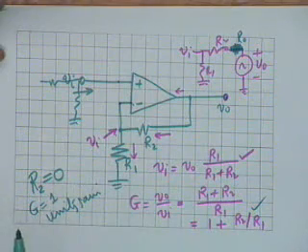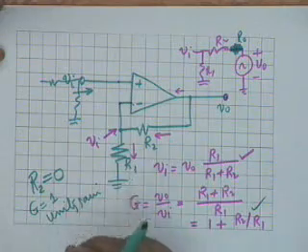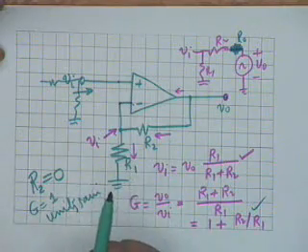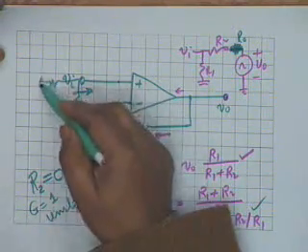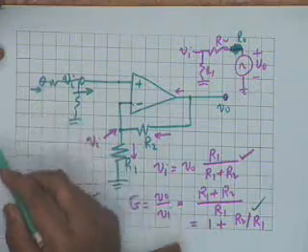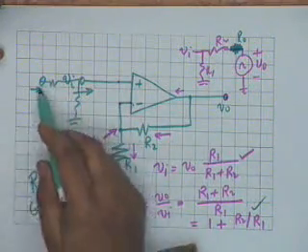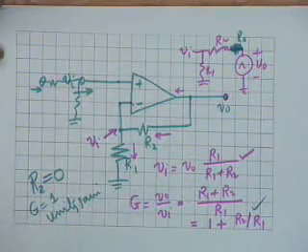I can reduce the gain to half, but in the process I also lose something. What is it that I lose? No, it's not energy. I lose the advantage that the input impedance now no longer becomes infinity. The input impedance will be the sum of these two resistors.